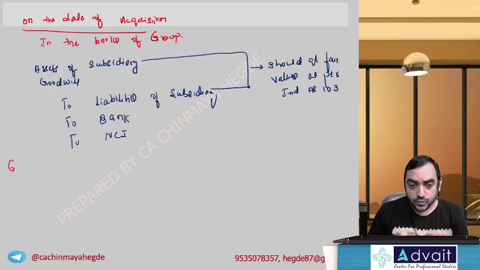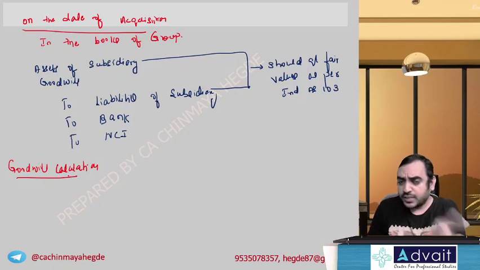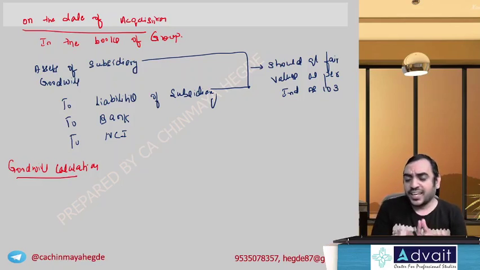Okay, so now goodwill calculation, how do we do it? Same thing. The example I gave you, 80% of net assets is what is supposed to have been paid, but you would have paid more in the form of bank. That's what I will call investment or purchase consideration.